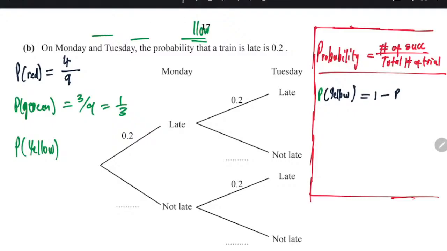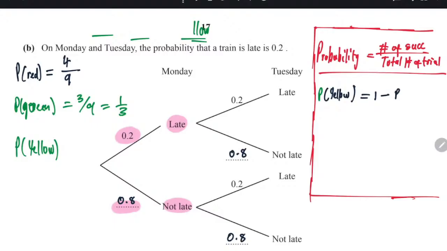So look at this simple tree diagram. Either I'm late or I'm not late. I have the probability of late. How do I get for not late? 1 minus late, I'll get probability of not late, 0.8. Here again, 1 minus this, I get 0.8.